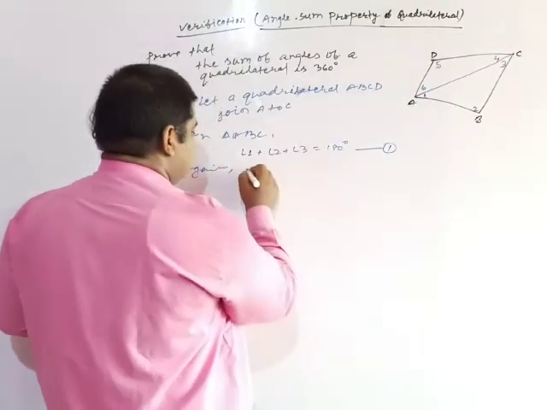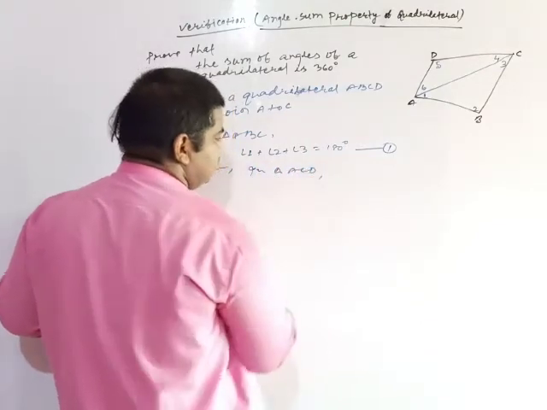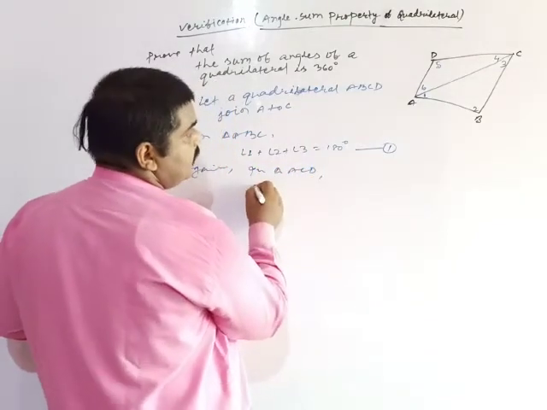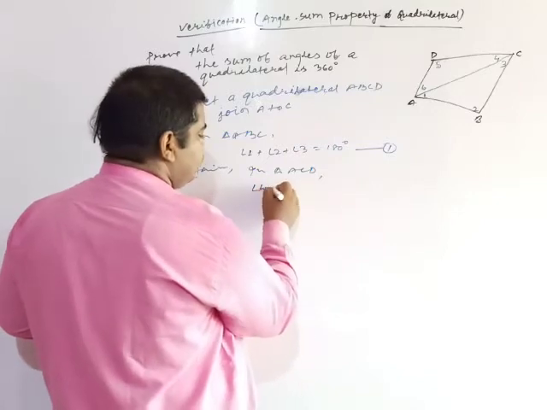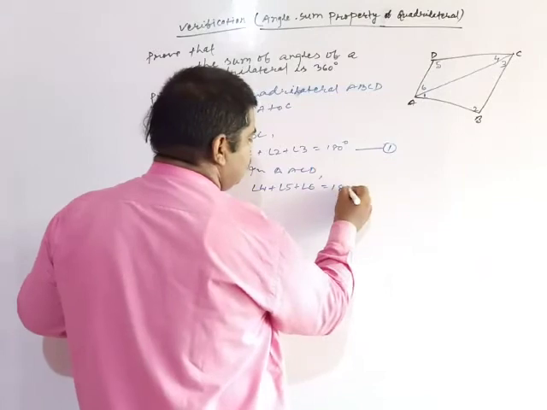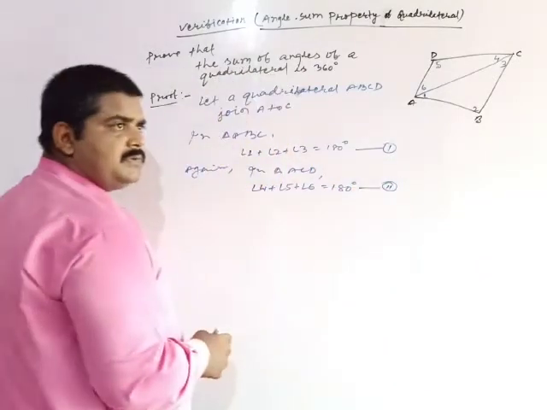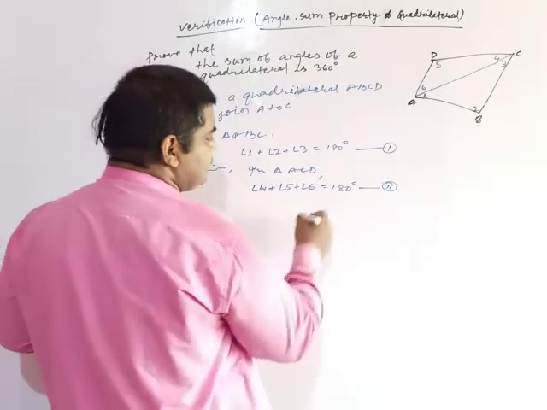Again, in triangle ACD, we know very well that angle 4 plus angle 5 plus angle 6 is equal to 180 degrees, and it is considered as second.